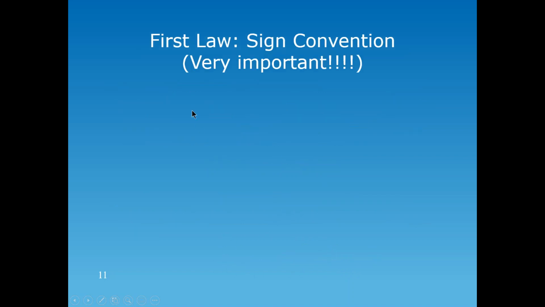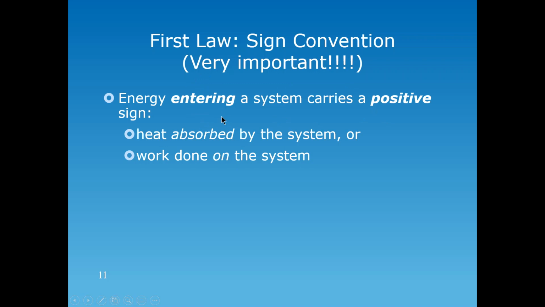All right. Now, going back to something we mentioned before, the sign convention, it's very important that you understand and appreciate what the signs mean, especially when it comes to the first law of thermodynamics, right? Whenever you have energy entering a system, that means that the change in energy for the system is positive, and that can be done by one of two ways: by the system absorbing heat from the surroundings, or work being done on the system by the surroundings, all right?